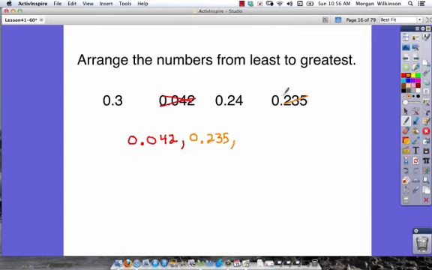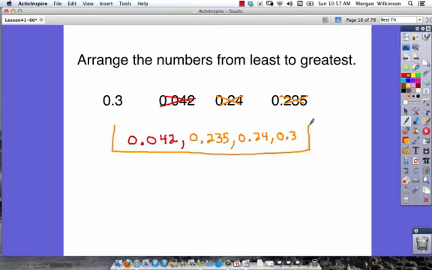And we could X that one off of our list. Then we have 0.3 and 0.24. Well, 0.24 must be smaller because the tenths position of 2 is smaller than the tenths position of 3. So we get 0.24. And then finally we must get 0.3. And we've got our final answer.